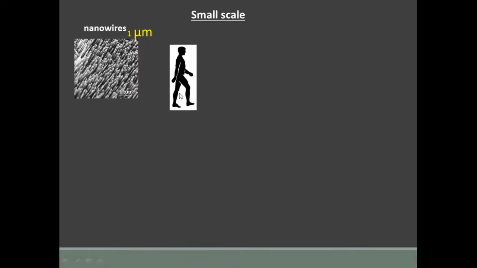One small scale energy source is body movement. Whenever we are walking, working, or working out, our body is moving, and we can use that energy to produce electricity with the help of nanogenerators.